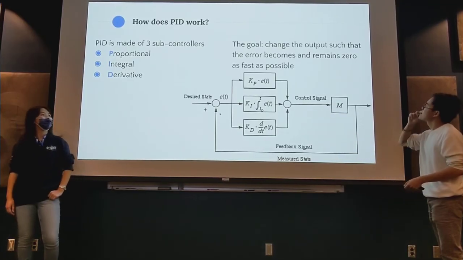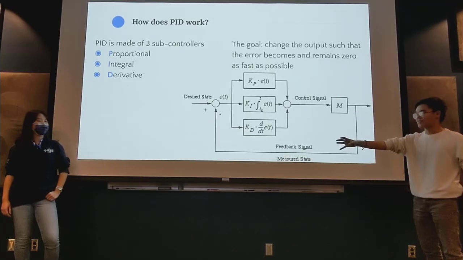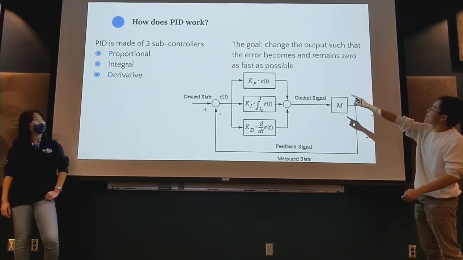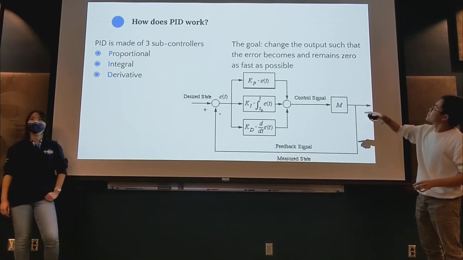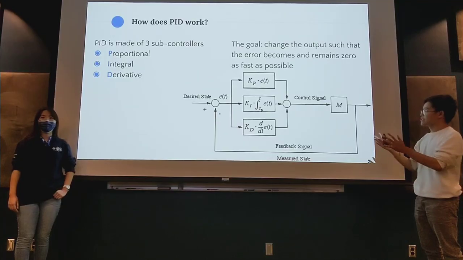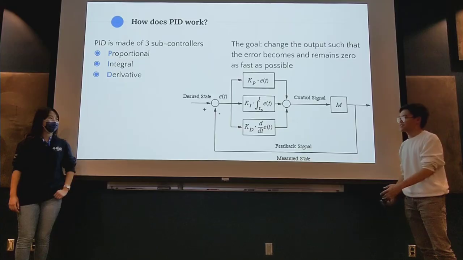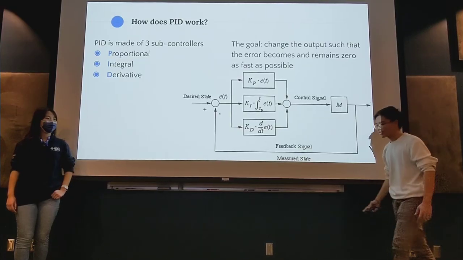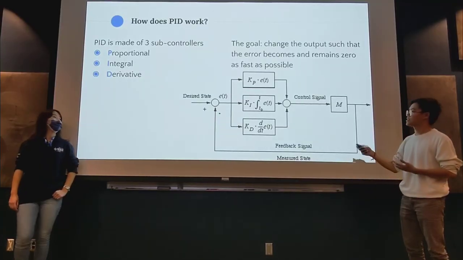Say my goal right now is to walk towards Megan, and then we have an error state on the next slide. The goal is to change our output so that the error becomes as little as possible. The error between us would be like 15 feet, so the goal of this system would be to walk towards her and decrease that amount of error. That's the main gist of what we're trying to do.